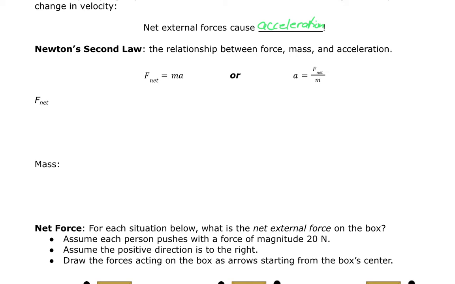Okay? So let's go ahead, let's put a couple extra things in our notes. We'll talk about net force. I'm going to change the color here in my pen. We said that the net force is just the total of all the forces acting on the object. And we have to go one object at a time.